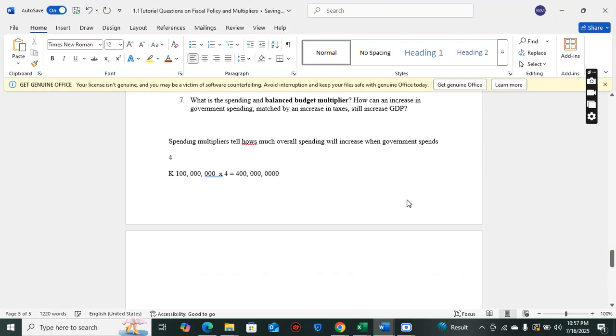The balanced budget multiplier tells us that if government increases spending and raises taxes by the same amount, total expenditure or output will still increase.